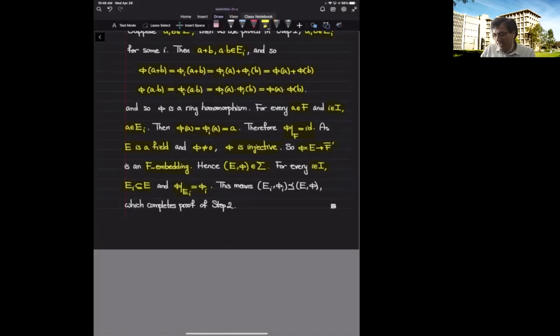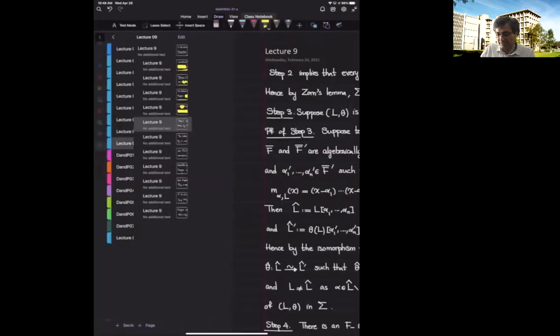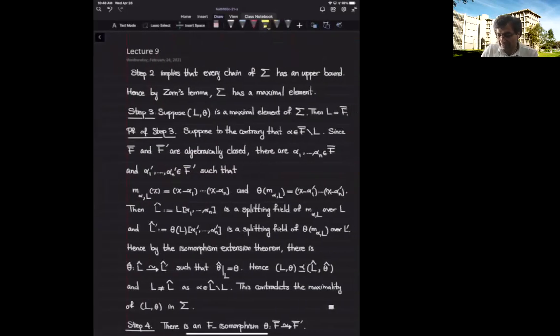That means the pair E sub I, phi sub I is at most the pair E comma phi. That shows the second step. That shows that every chain in sigma has an upper bound. Therefore, I can use Zorn's lemma and deduce there is a maximal element. So sigma has a maximal element.